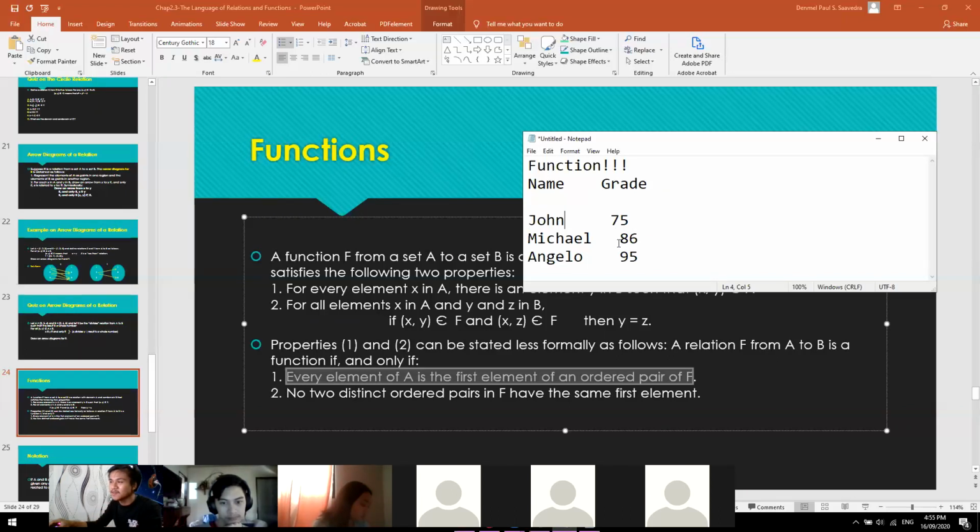Pero pwede yung ganito: pwedeng yung grade ni John is 75, yung grade din ni Michael is 75 din, pwedeng yung grade din ni Angelo is 75 din. So mapapansin niyo, pwedeng maraming papunta sa letter Y, pero iisa lang dapat yung nasa letter X. So yun yung isang way para malaman nyo kung function ba talaga siya.